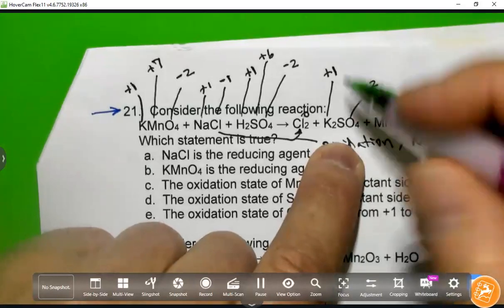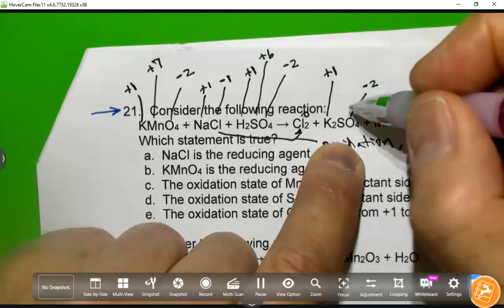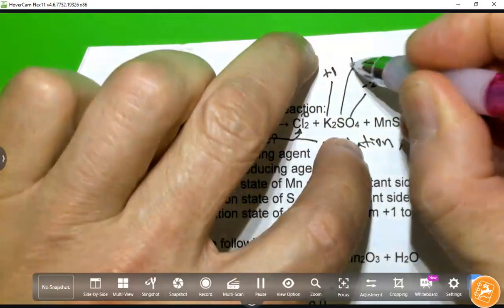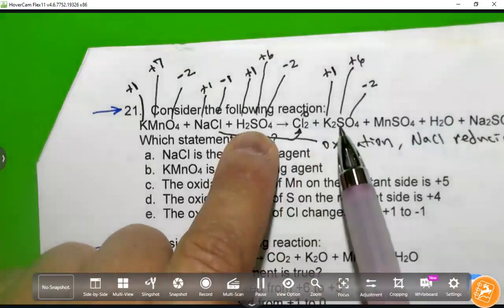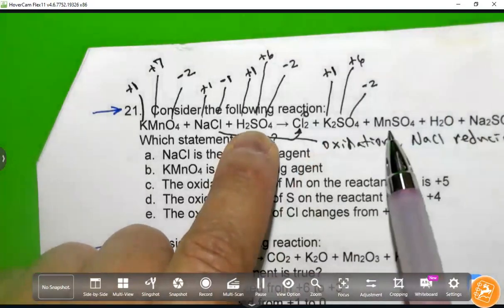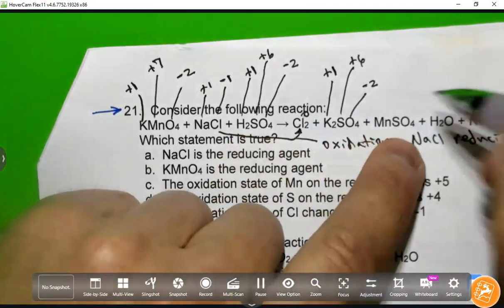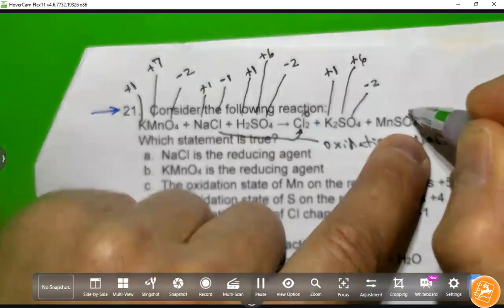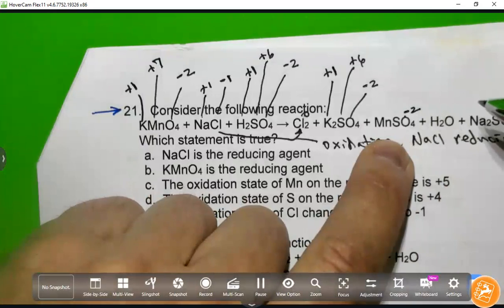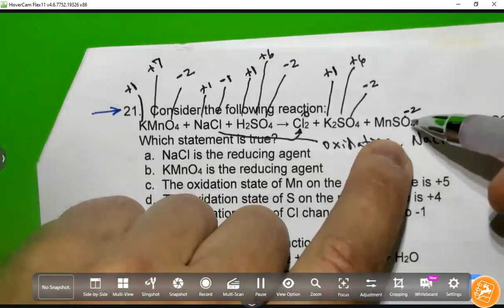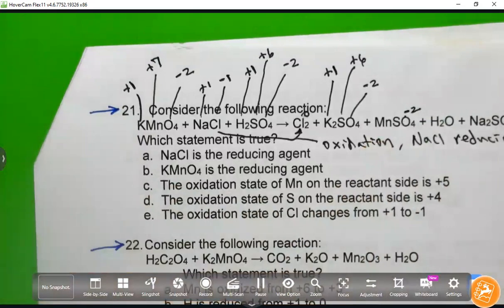So this sulfur here is a +6 yet, right? No change on that sulfur. +6. Oxide here is -2.